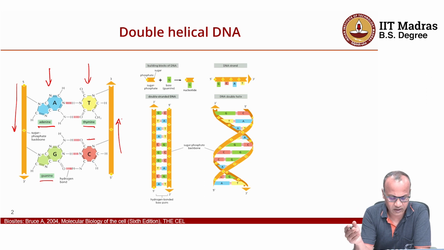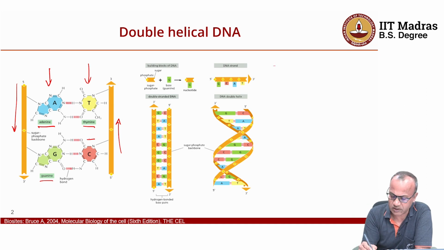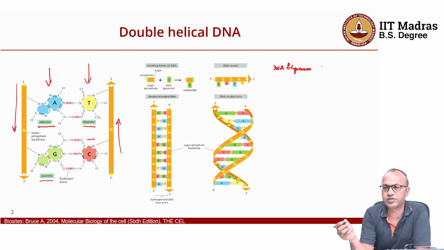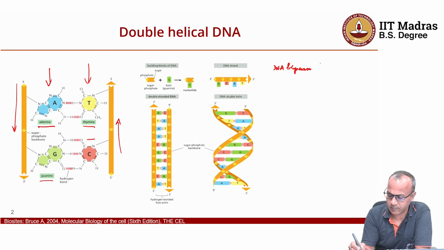Another thing that we discussed was that DNA replication is done by DNA polymerase, which is an enzyme which replicates DNA. It always moves in the 5 prime to 3 prime direction.